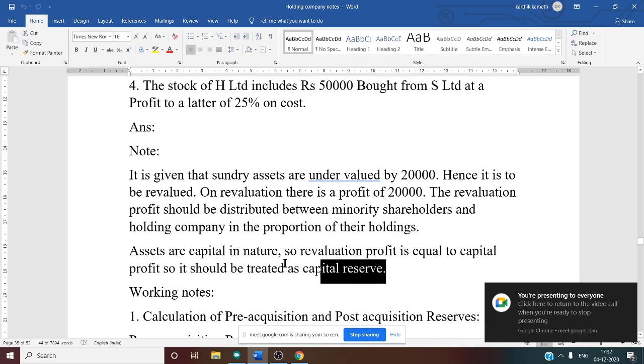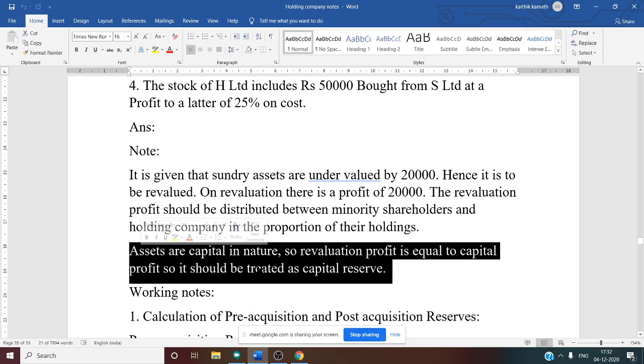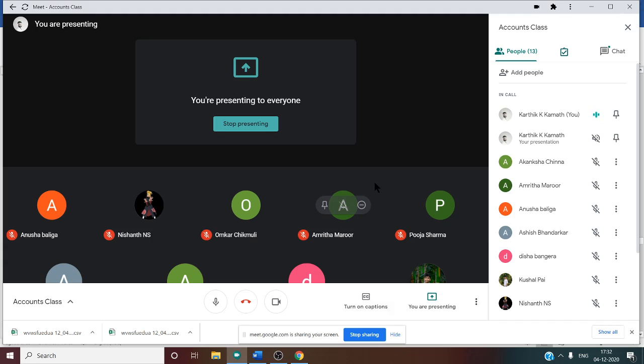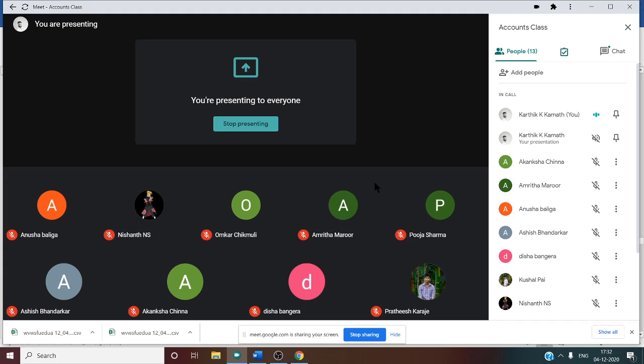Then one more thing is given: assets are capital in nature. So whatever profit arises because of the revaluation becomes capital profit. Why are assets capital in nature? Because assets are kept in the business not for the purpose of sale, but for usage.